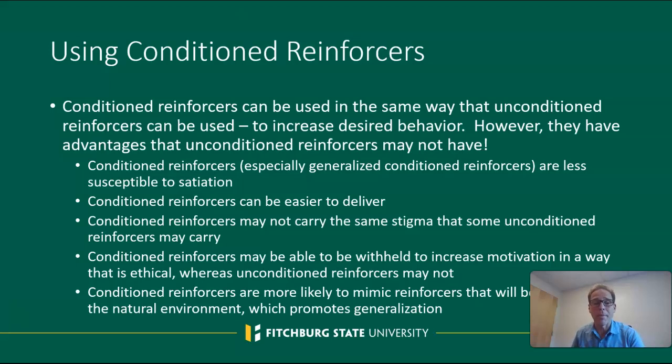But if we're delivering a generalized conditioned reinforcer like a token that has been paired with lots of different things, we're less likely to get that satiation. Conditioned reinforcers can be easier to deliver. Again, things like a smile and saying nice job are conditioned reinforcers. Very easy to deliver and very, very natural.